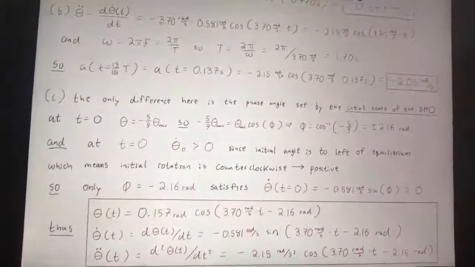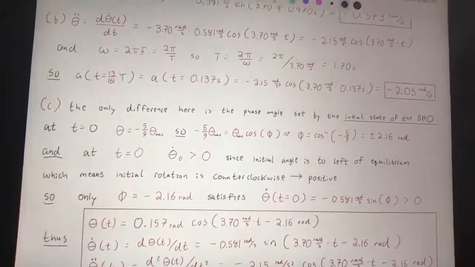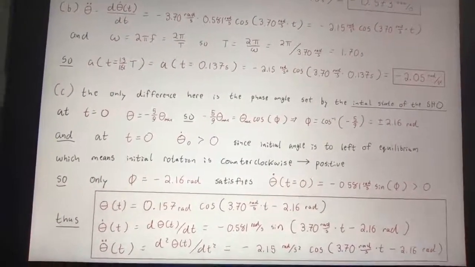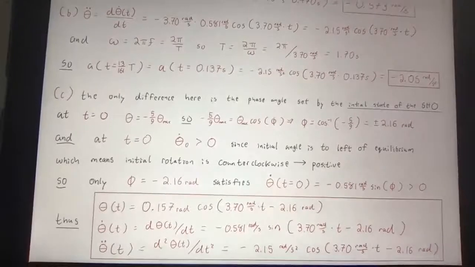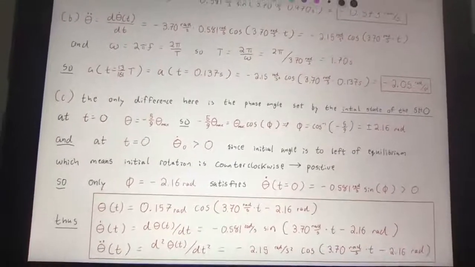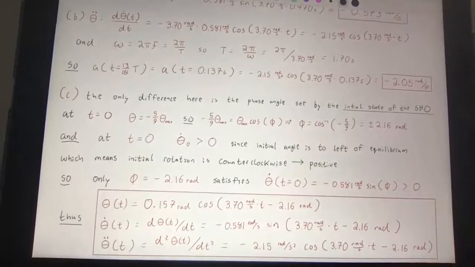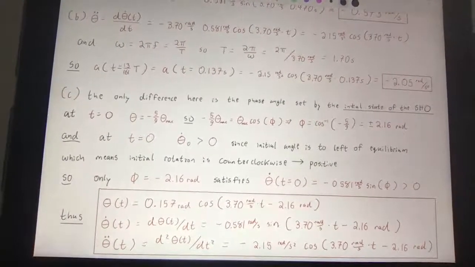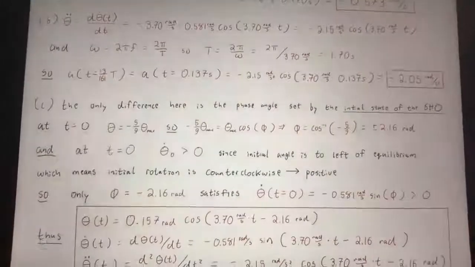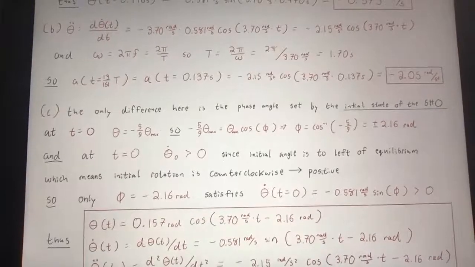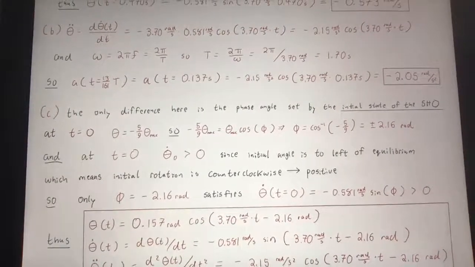It's very similar. The only thing here is that all the amplitudes are represented by theta max because they're angular amplitudes as opposed to distance amplitudes like for the spring. But look, the only difference here is the phase angle, set by the initial conditions of the simple harmonic oscillator.